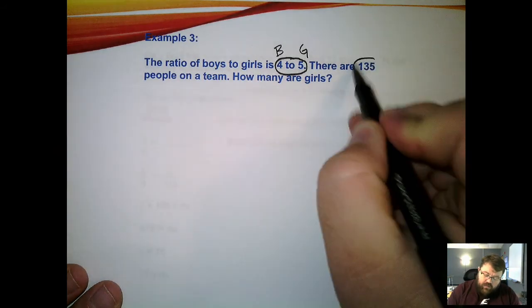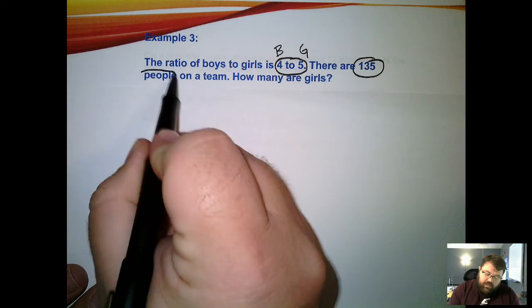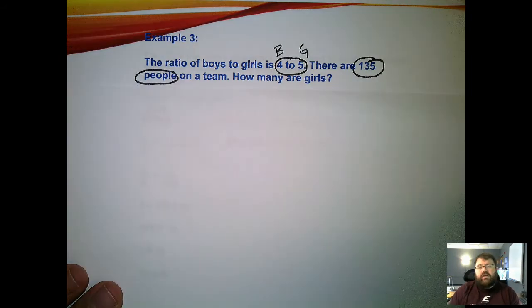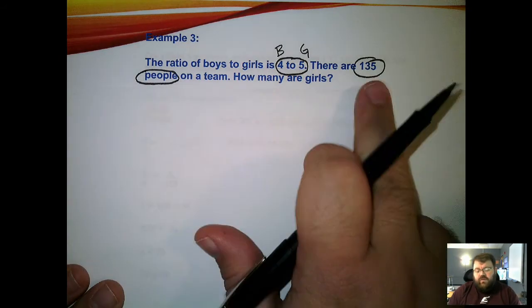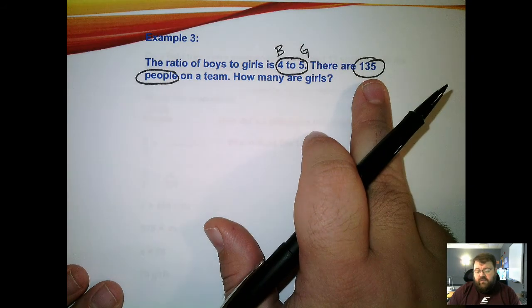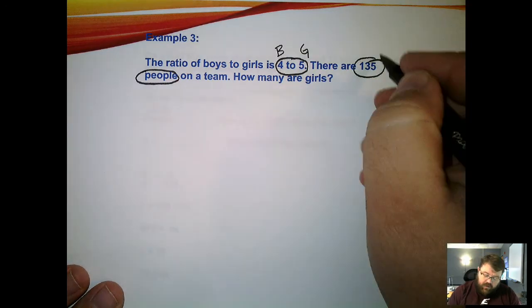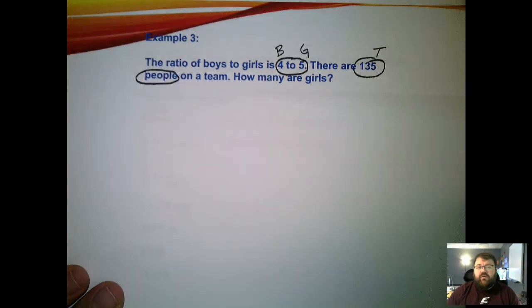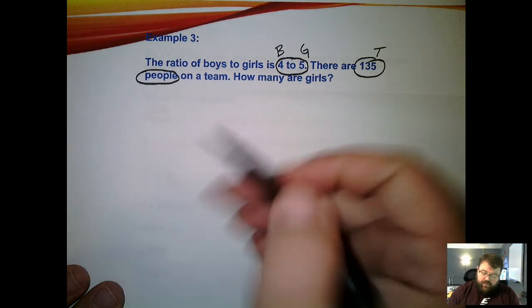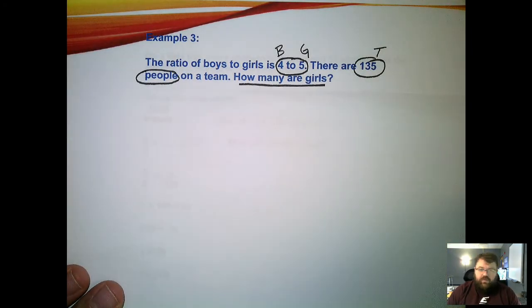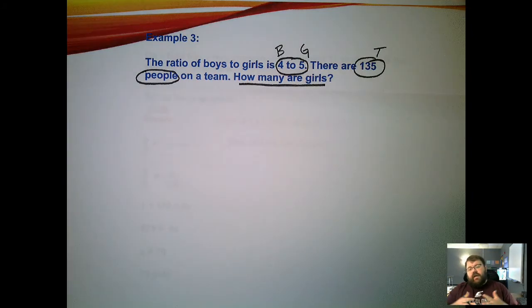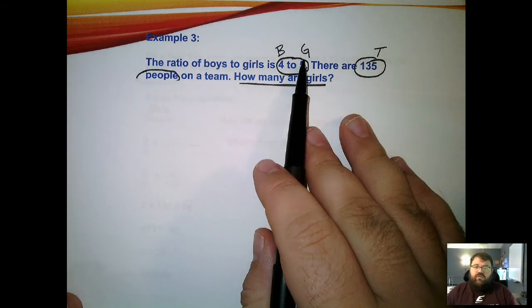There are 135 people on a team. So this 135 isn't talking about boys or girls. It's talking about boys and girls. So this is what we're going to call a total number on a team. How many girls are there? Now, what we have to understand is the question is talking about boys and girls here at first.